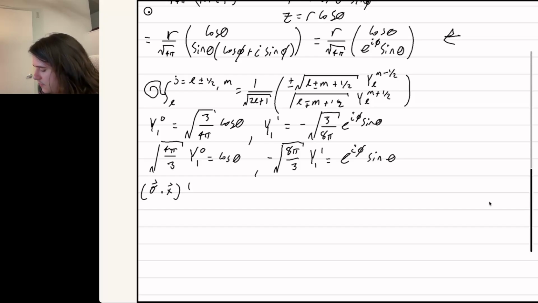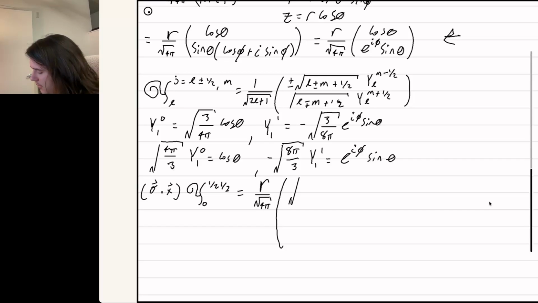Sigma dot x of fancy Y, I'm bad at the fancy Y, was 1 over root 4 pi, r, and it's going to be something big now. We've got root 4 pi over 3 Y10, and minus root 8 pi over 3 Y11.